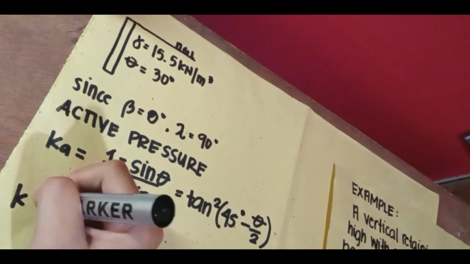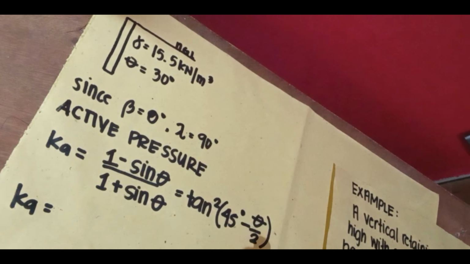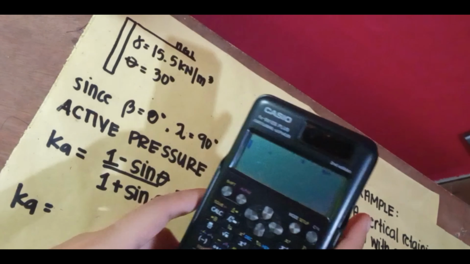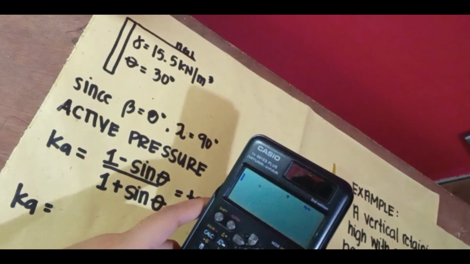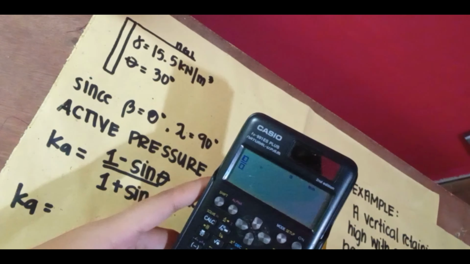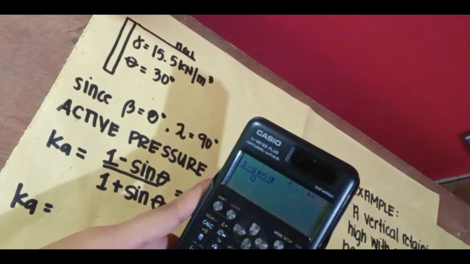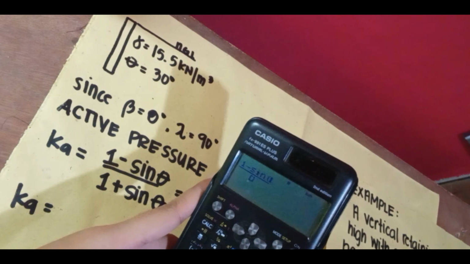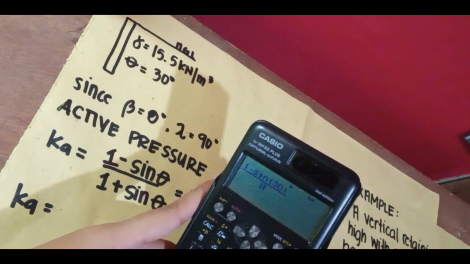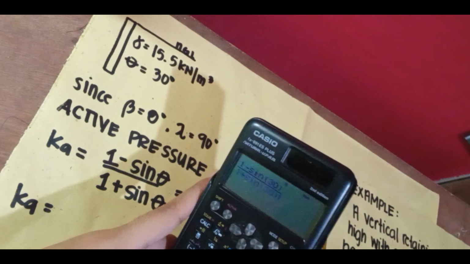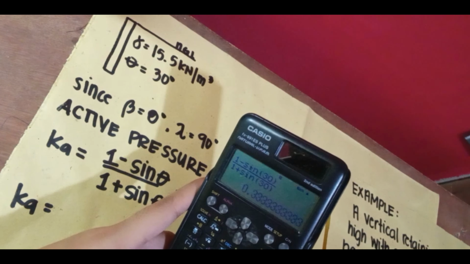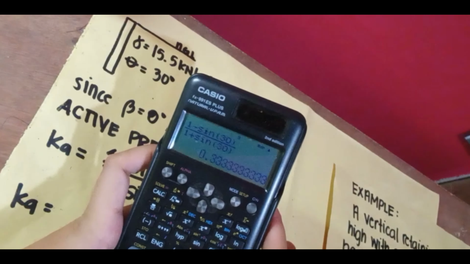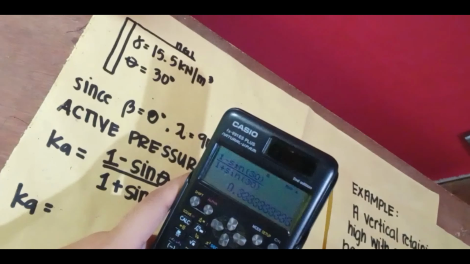So, let's calculate this by substituting the given values. So, here, one over 3 or 0.333.